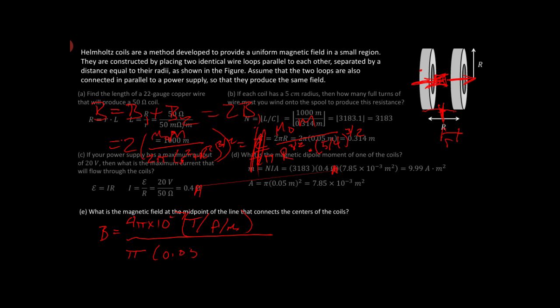That's 0.05 meters to the 3/2, and 5/4 to the 3/2 is, according to my calculator, 1.95, and I forgot the moment, basically 10 amp meters squared. It comes here.